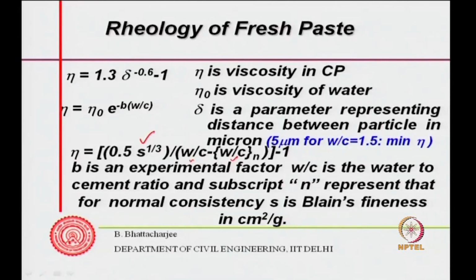This term is reduced, viscosity would increase, minus 1 of course is very much there outside the bracket. According to this formula, if this is very large, lot of water, this term will tend to 0 and viscosity will be nearly 1, which is near to the water. So, whatever it is, viscosity can be related through this kind of empirical formula.